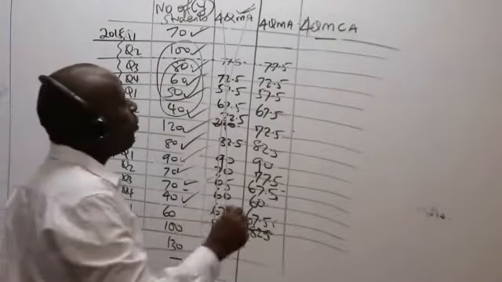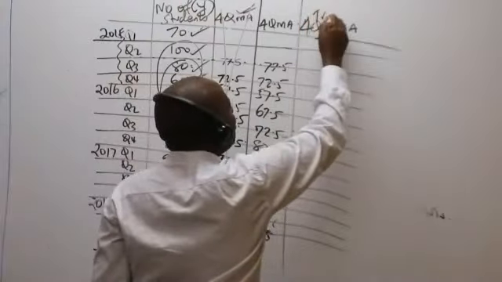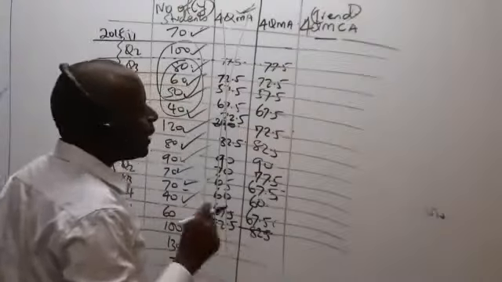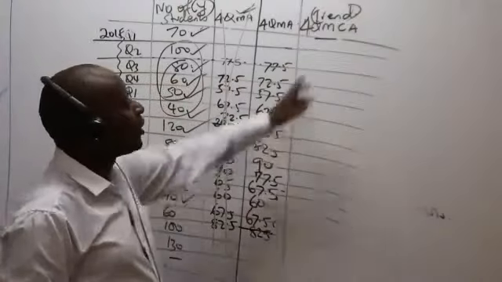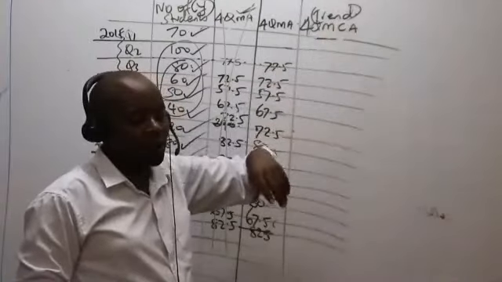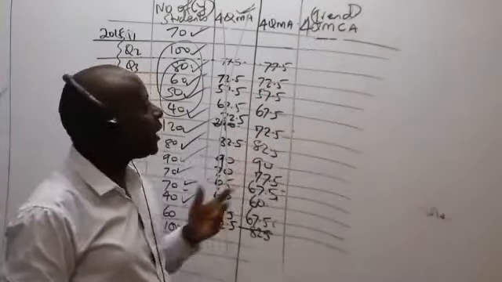This 4-quarter moving centered average now will be our trend. Please write this in full: 4-quarter moving centered average. To center is very easy.